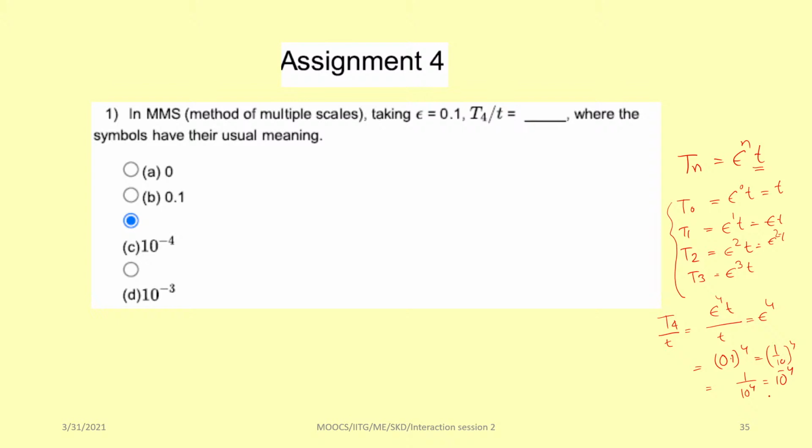This way you can find the relation between T4 and T. I hope you understood this. Similarly, these are different time scales, like the second hand, minute hand and hour hand of a clock, used to show slowly varying and rapidly varying times, and by using different time scales you can solve these problems.